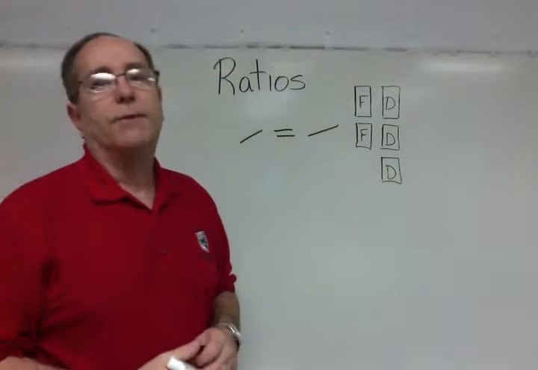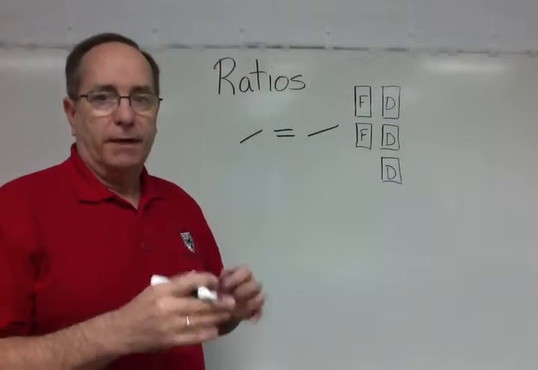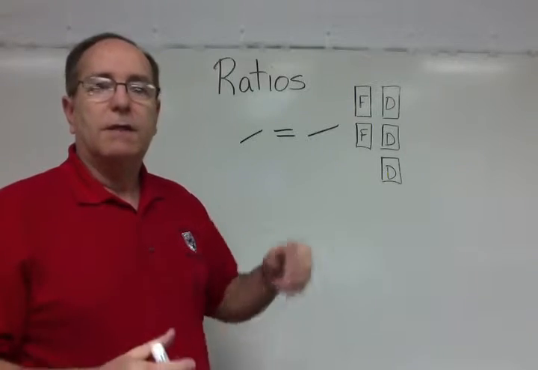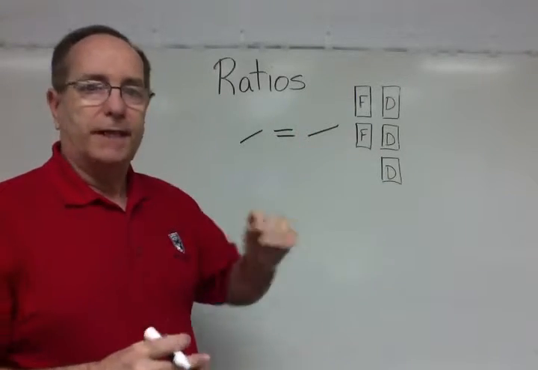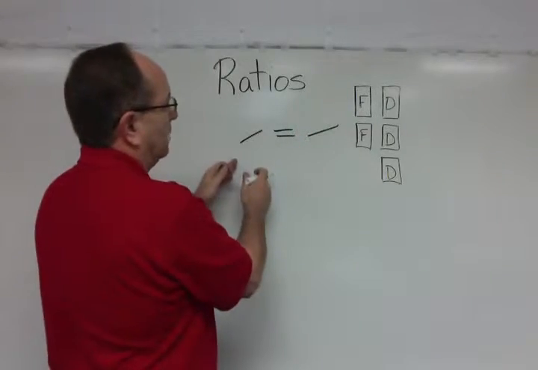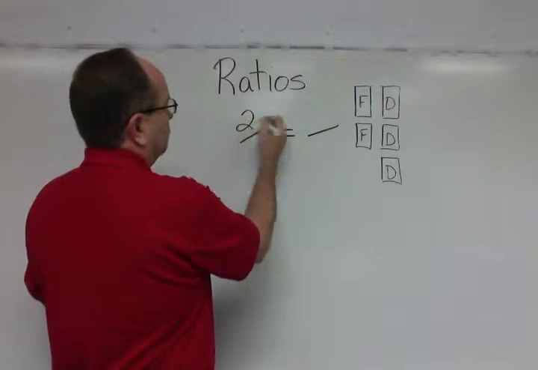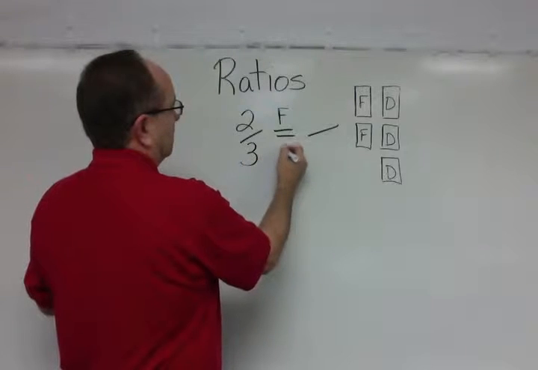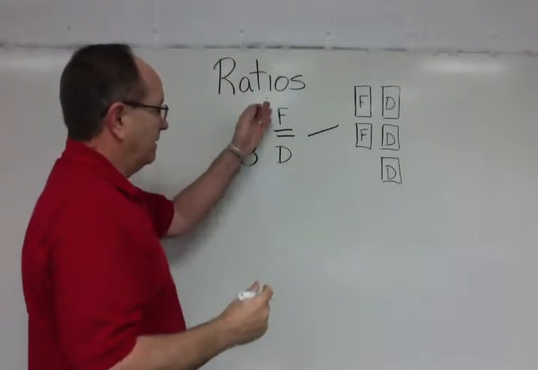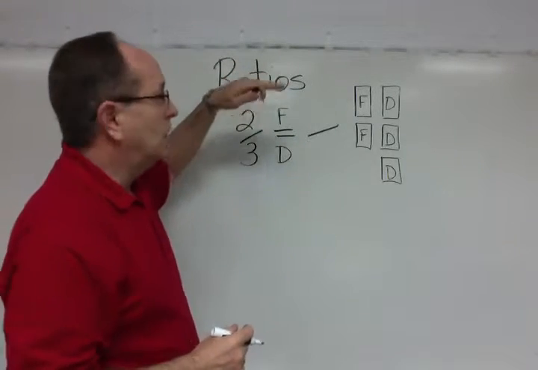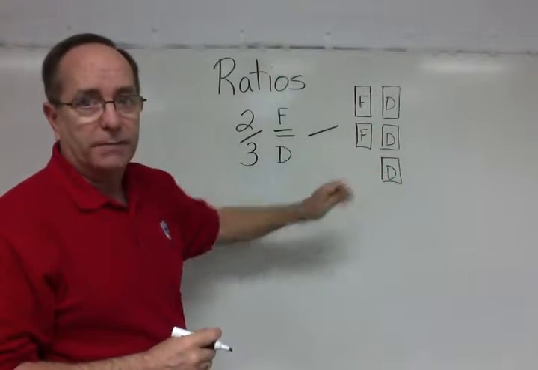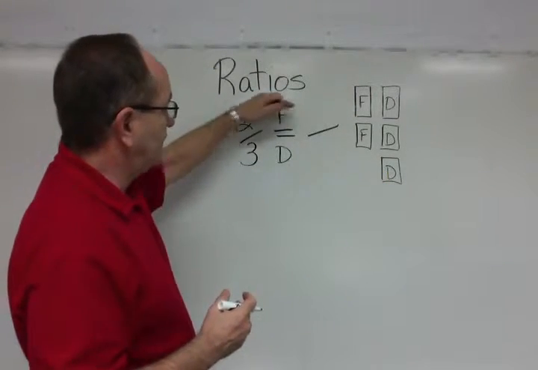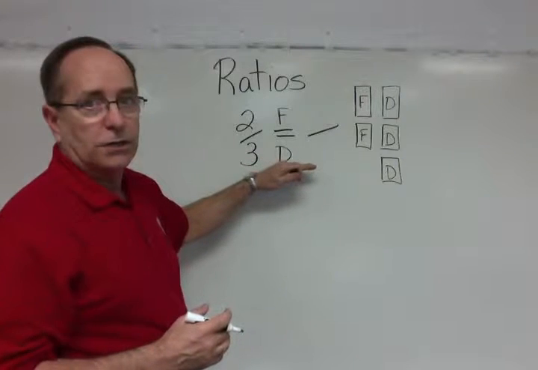In this example, I'm comparing these cards, my unit, but some are face up and some are face down. So in my ratio, I can say I have two face up cards and I have three face down cards. I always want to make sure my labels are there with what I'm talking about in my problem.